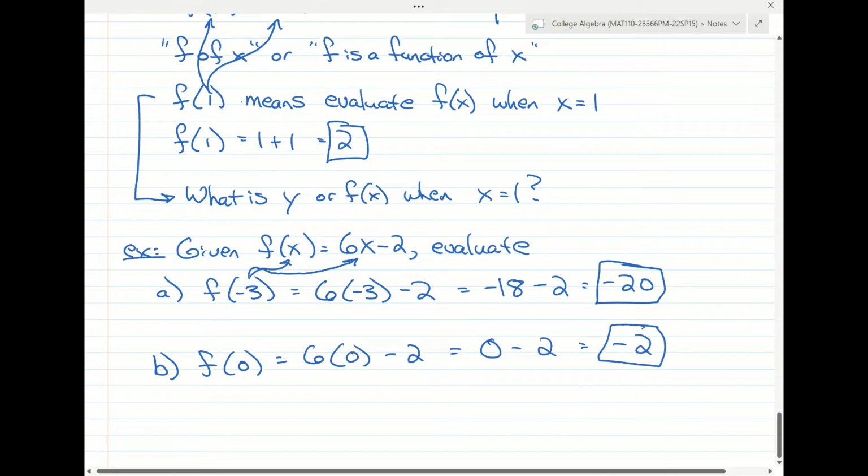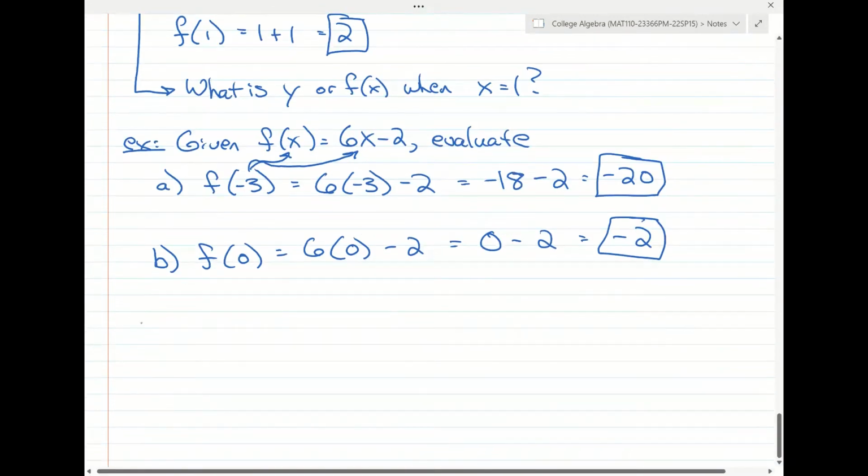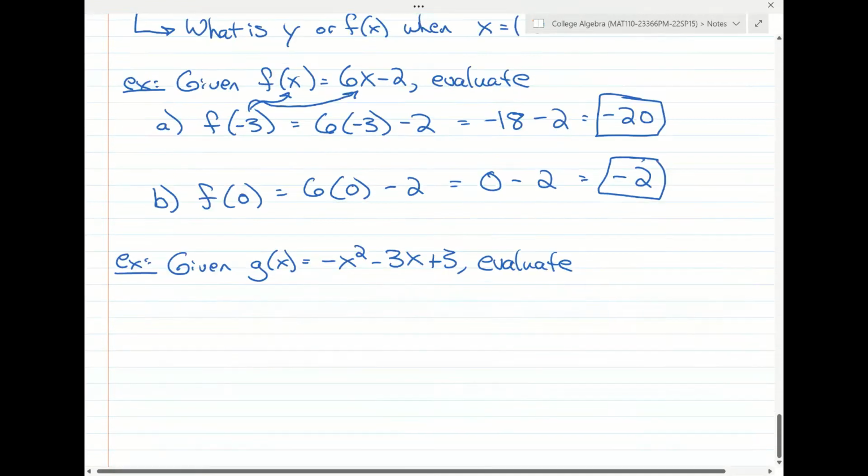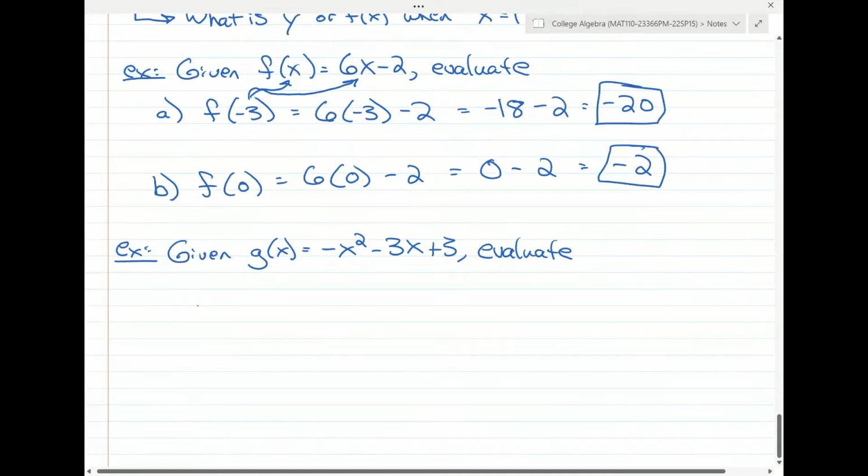You guys think you can handle that stuff? So let's make them a little bit more challenging. What if I said given g of x is equal to negative x squared minus 3x plus 3, evaluate g of negative 3 and g of a.